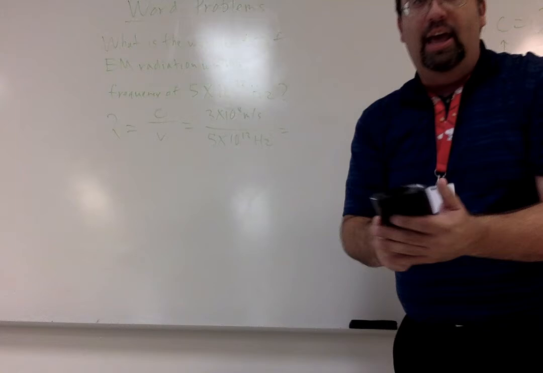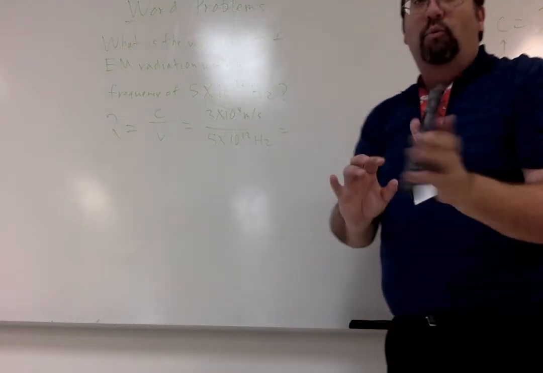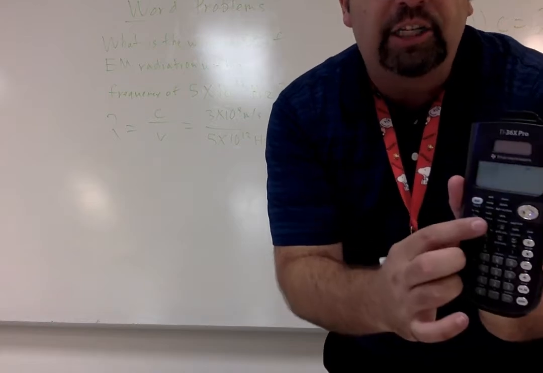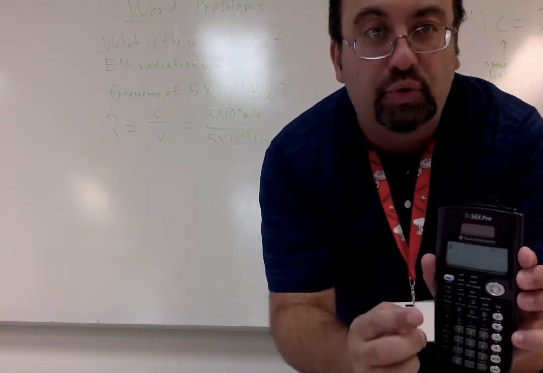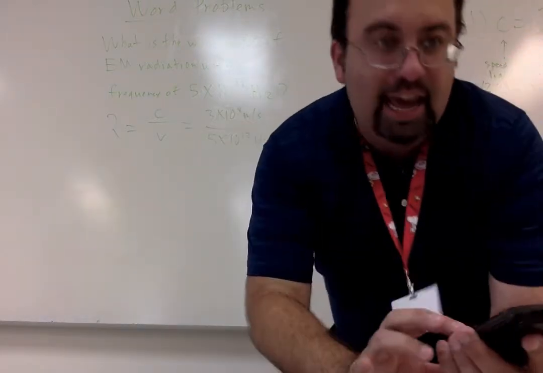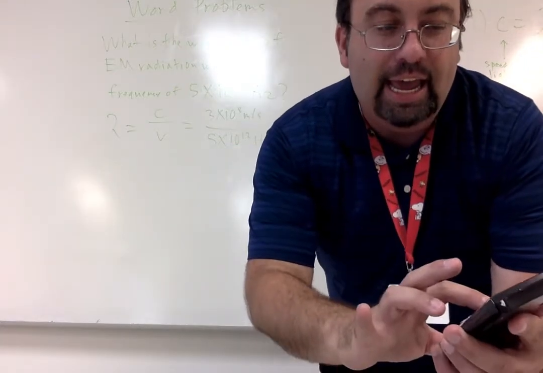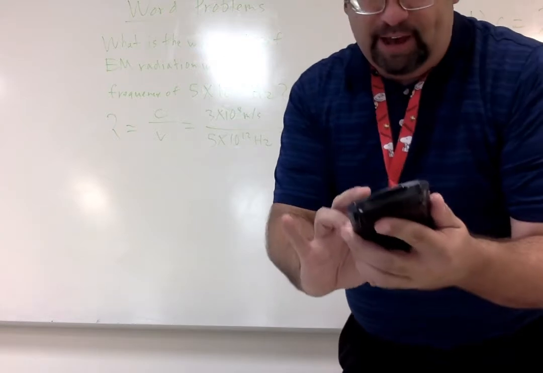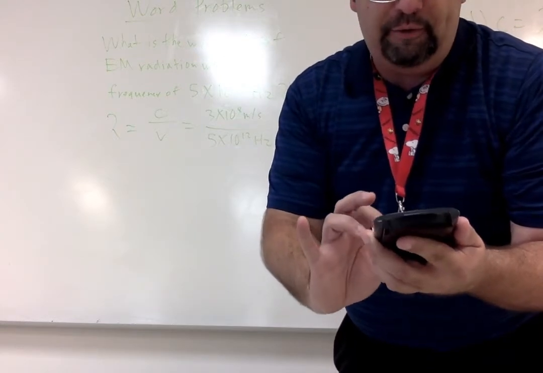So let's go ahead and do that on my calculator. Remember to use scientific notation. This E button here is going to be your times 10 to the. To type this in, it's going to be 3, hit the double E button, 8, divided by 5, the double E button, 12.